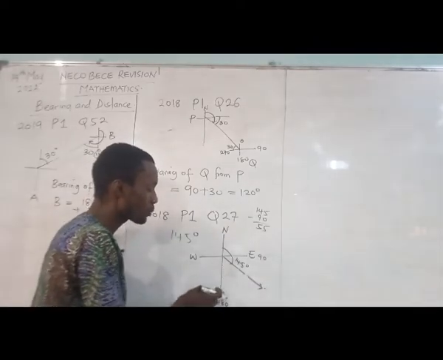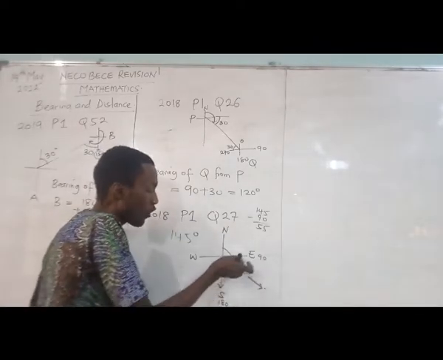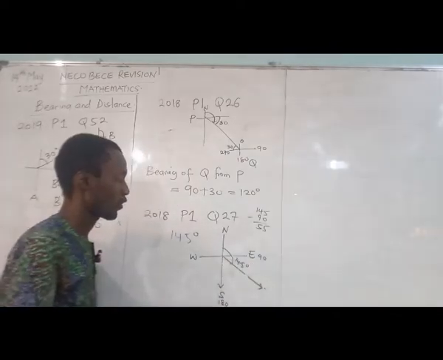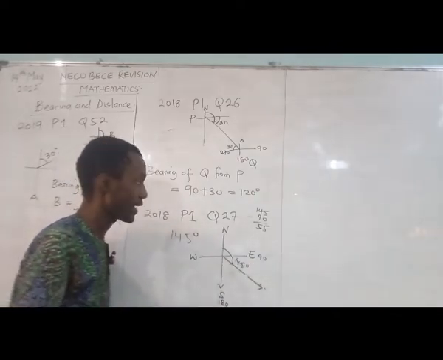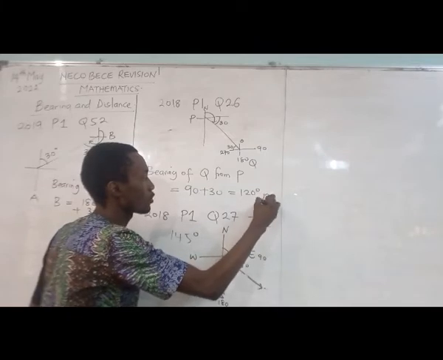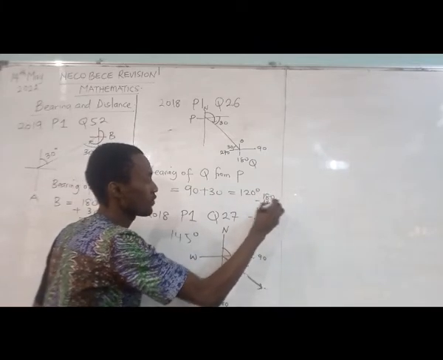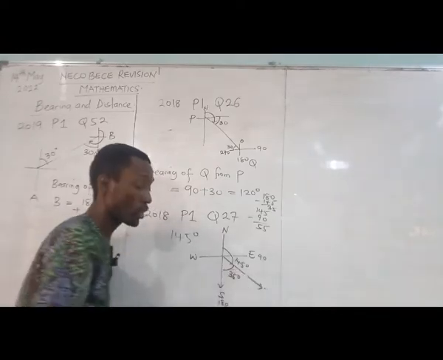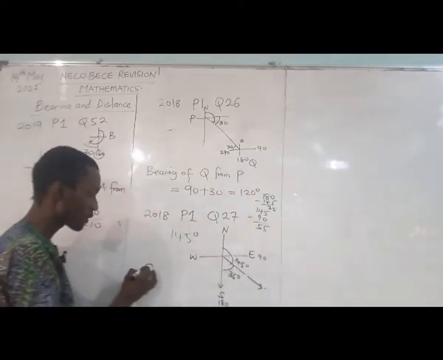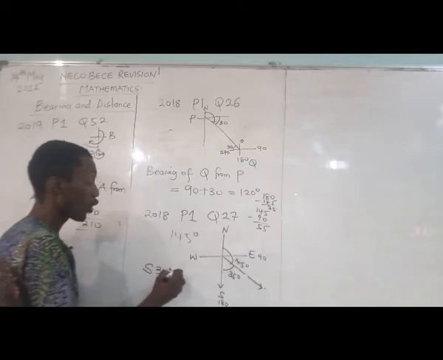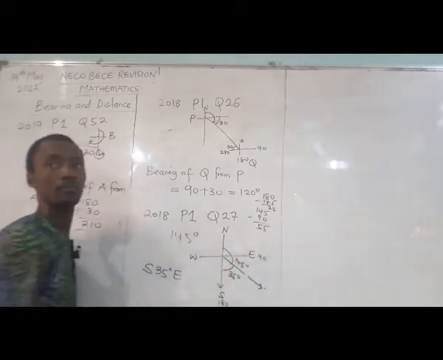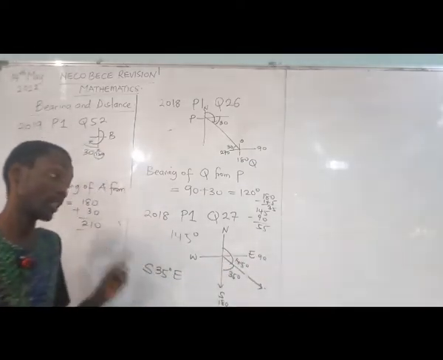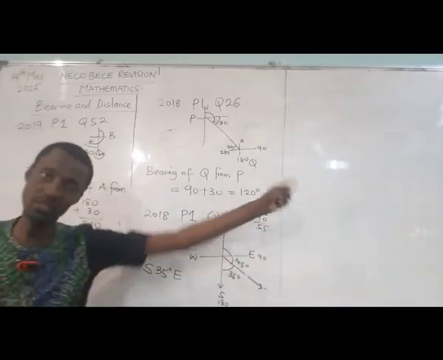Now, if this point is 180, remove 145 from 180. 180 minus 145, you discover that is 35. So this means that this angle here will be 35 degrees. So the answer is south, 35 degrees, going towards east.